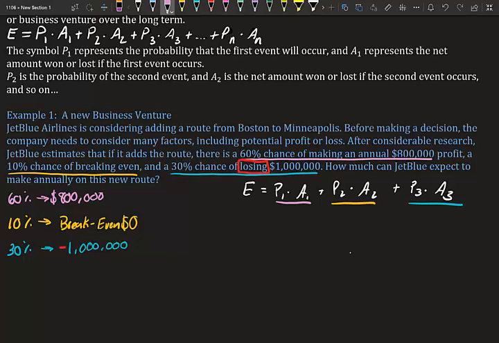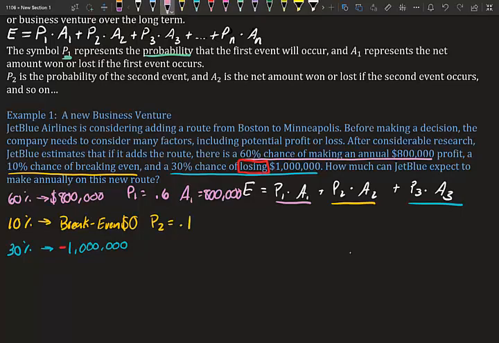Your P's are your probability, which is always the percentage. So our P1 is 60%, but we don't use percentages, so it's 0.6. And then our A1 is what you earn, which is $800,000. Our P2 is 10%, so that's 0.1.